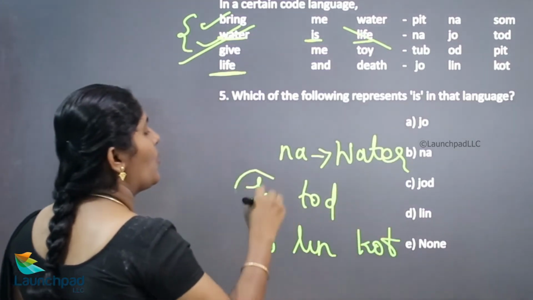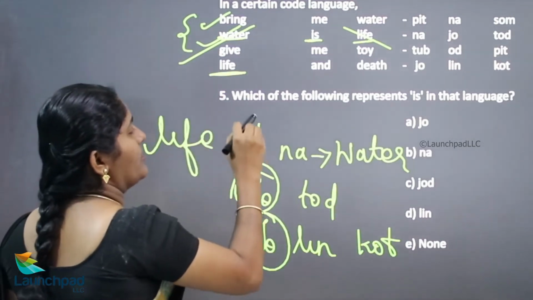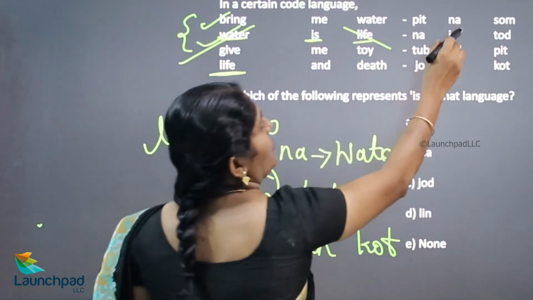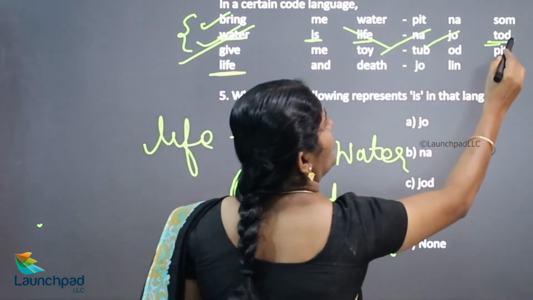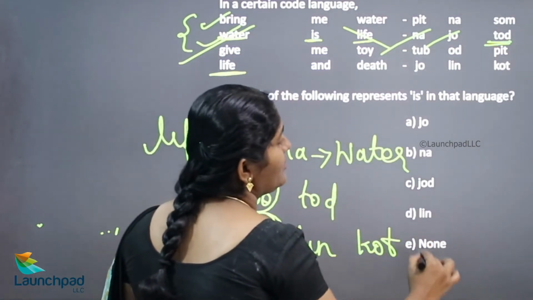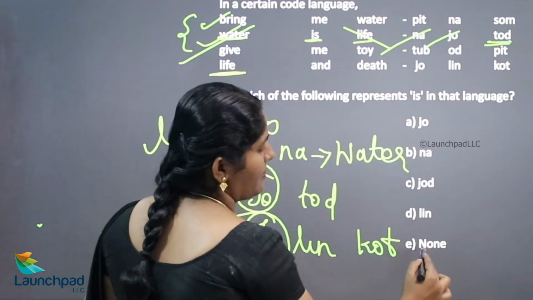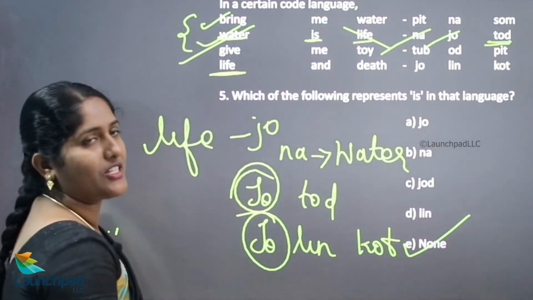What is the common code? JO. So according to life, JO is the code. So JO will be cancelled and NA will be cancelled. The remaining is TOT. TOT is the answer option, but TOD is not available here. So the answer is none of these. Okay, we'll move on to your next question.